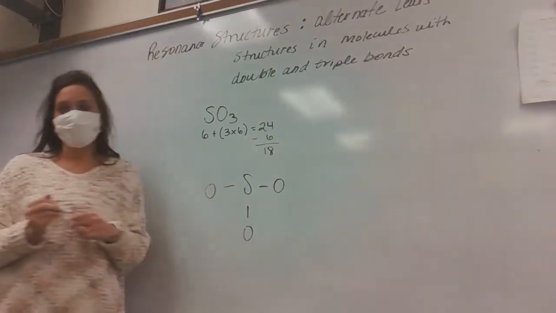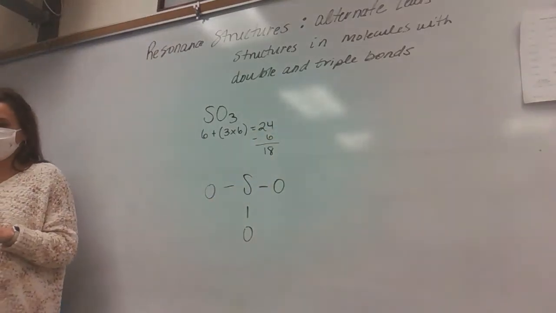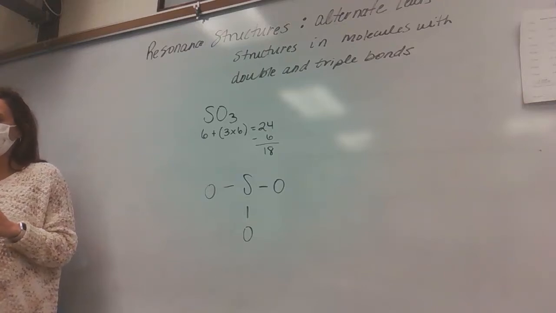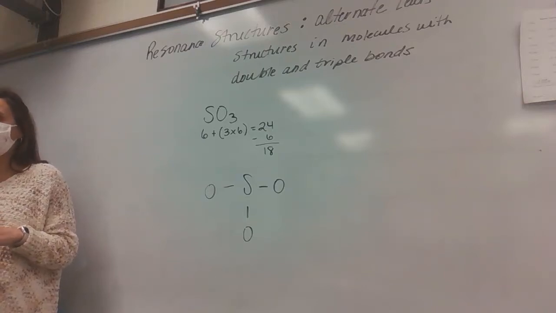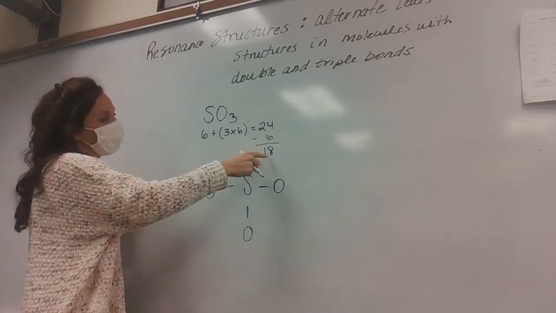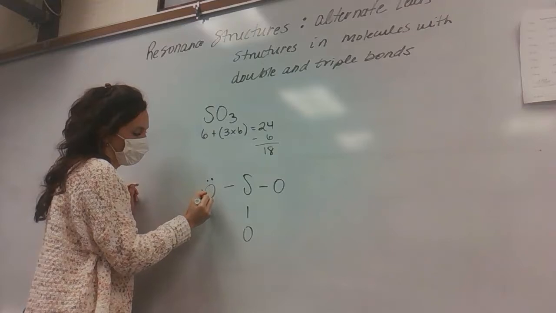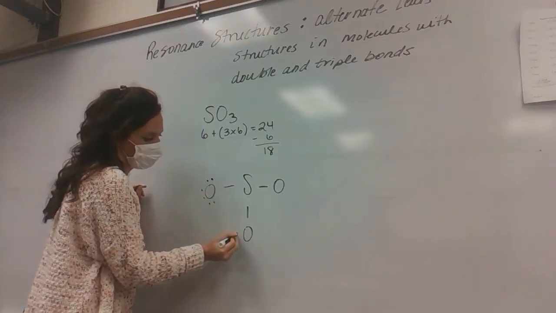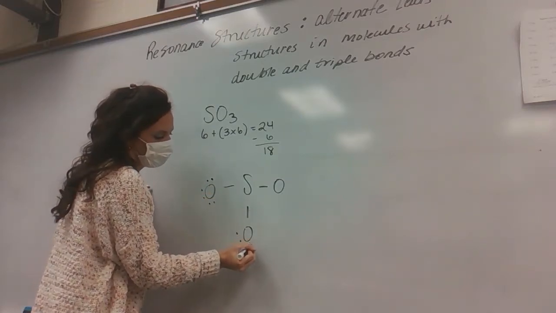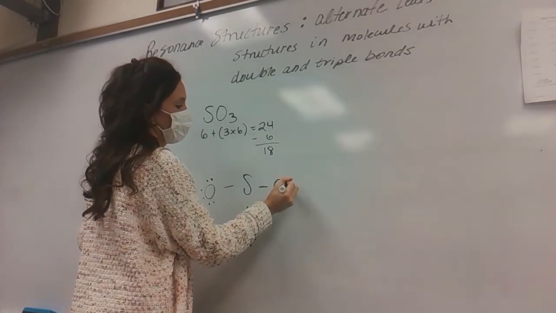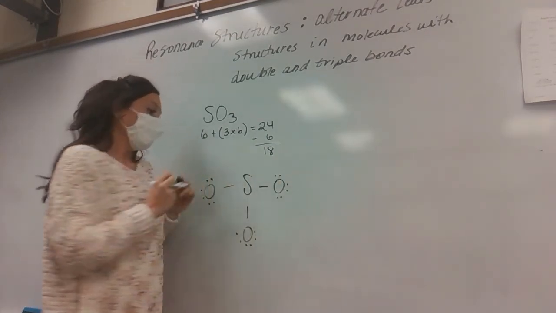We have 18. When I divide them evenly amongst the outer atoms, I have 3 outer atoms and 18. Each one gets 6. 2, 4, 6, 8, 10, 12, 14, 16, 18.